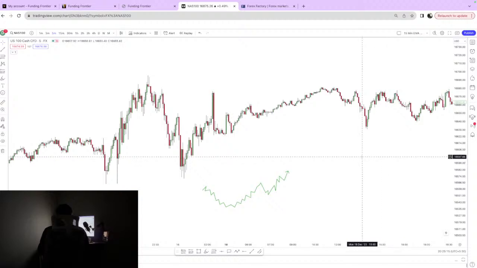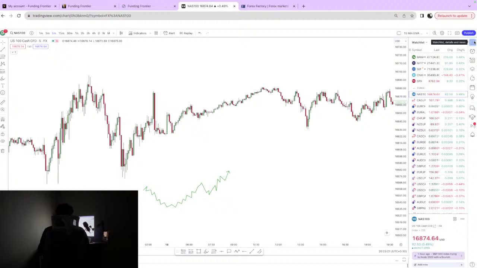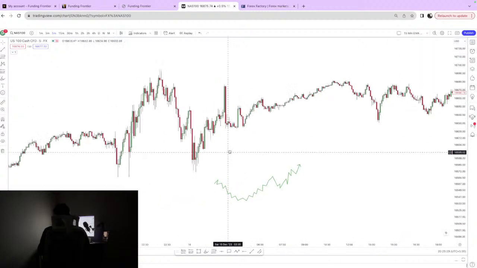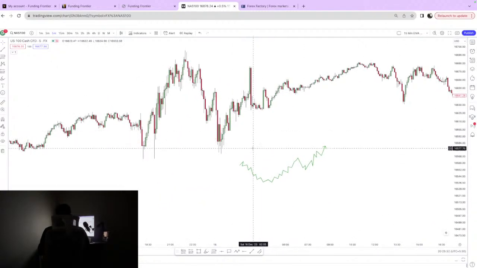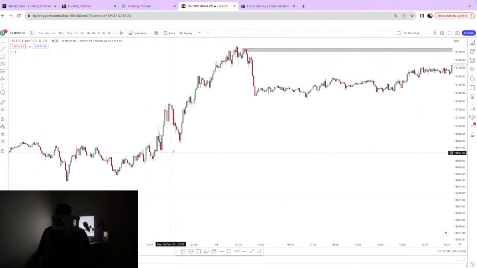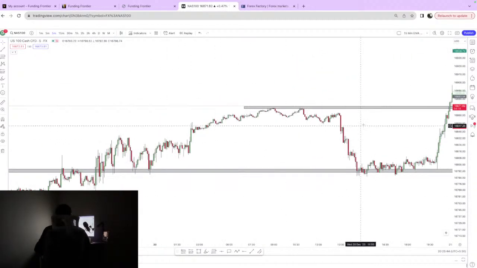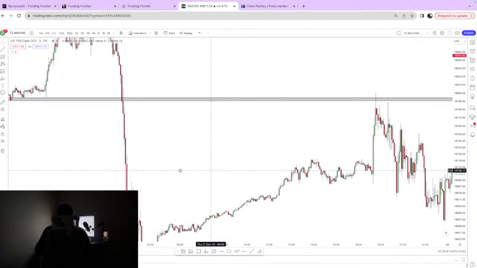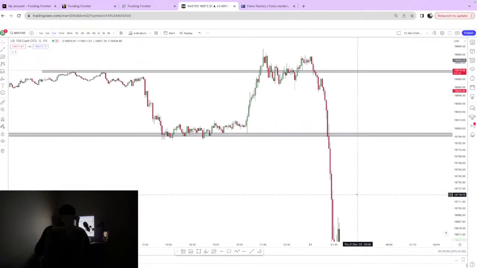What is this pattern called? Yes, you are correct. I am impressed. A round of applause for all of you. What happened actually right now is I thought this was a live trade and I was shocked.